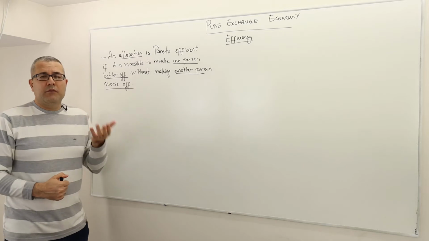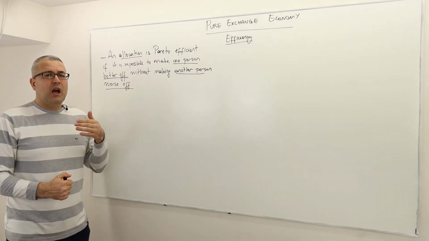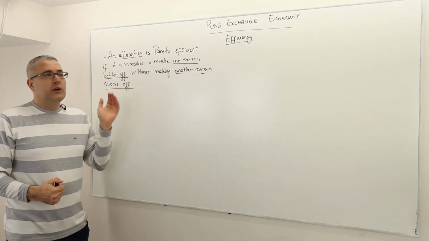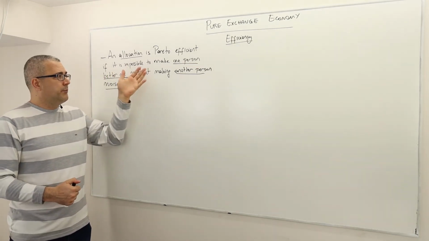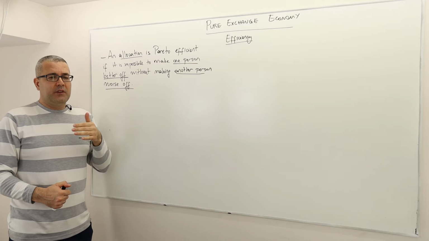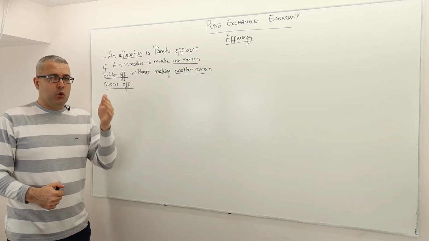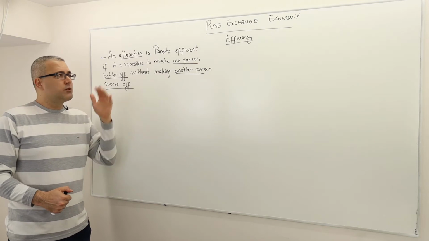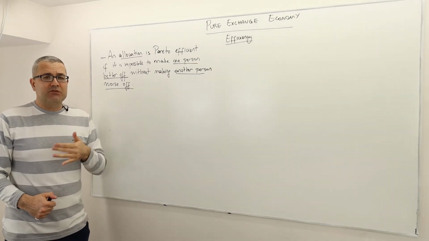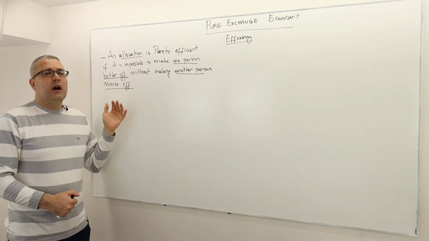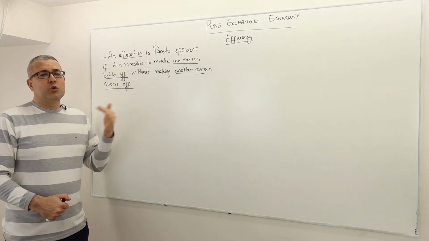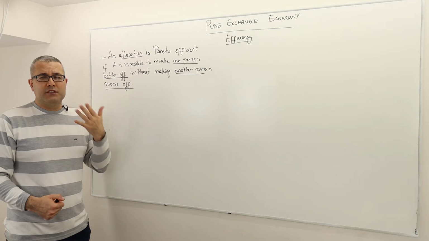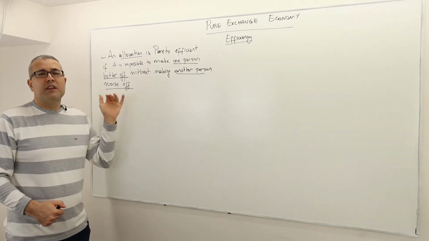Better off means the consumer's utility is increasing, or the person is getting something he or she prefers more. Being worse off means the person's utility is decreasing, and she is getting something worse in terms of her preference ranking.